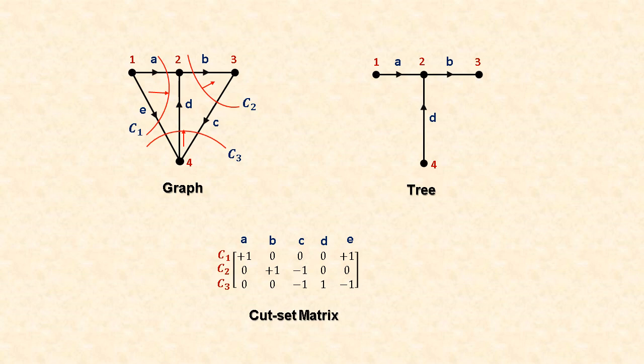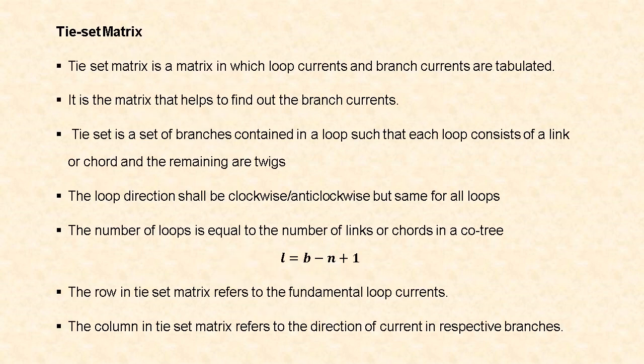So B is given +1 value and C is given -1 value. For cut set C3, branches C and E are opposite to C3, so they are given -1 value, and D is in the same direction as C3, so it is given +1 value. Others are 0.